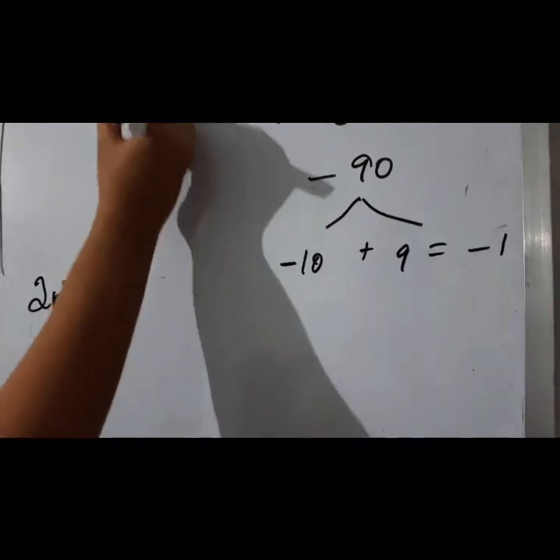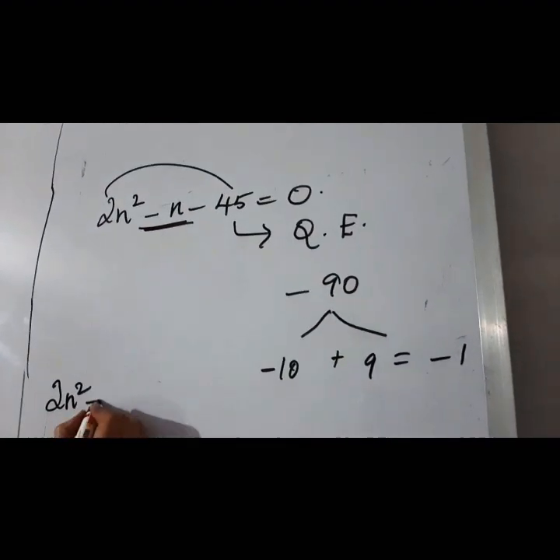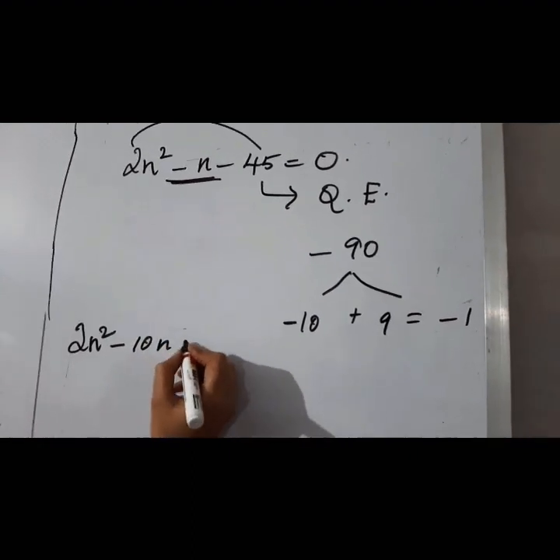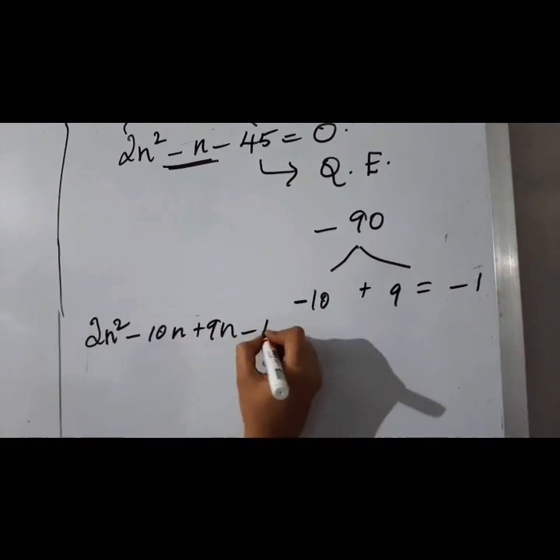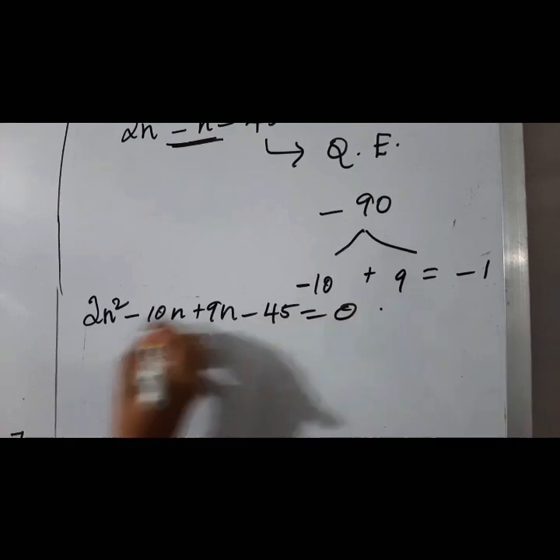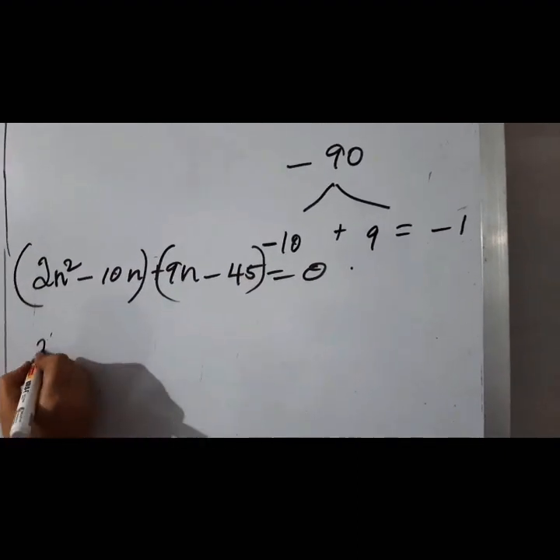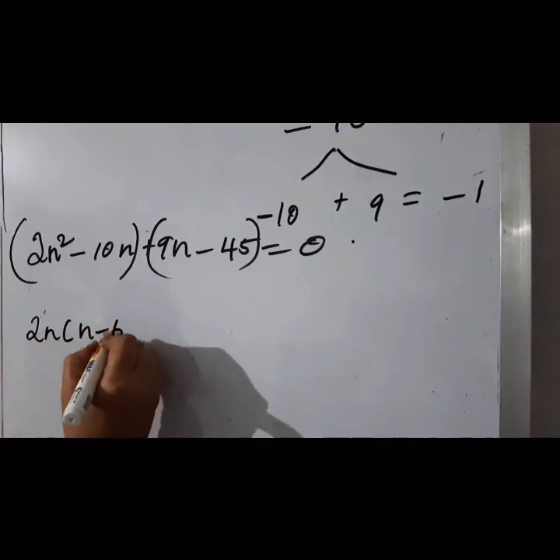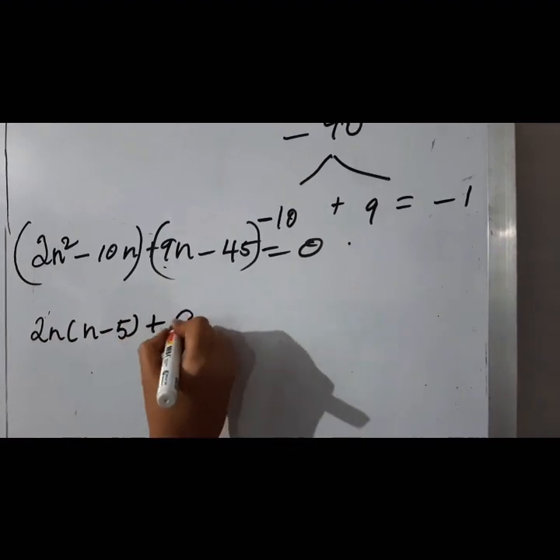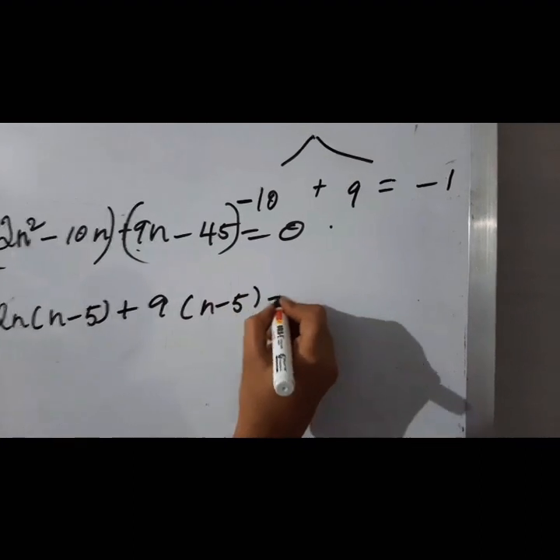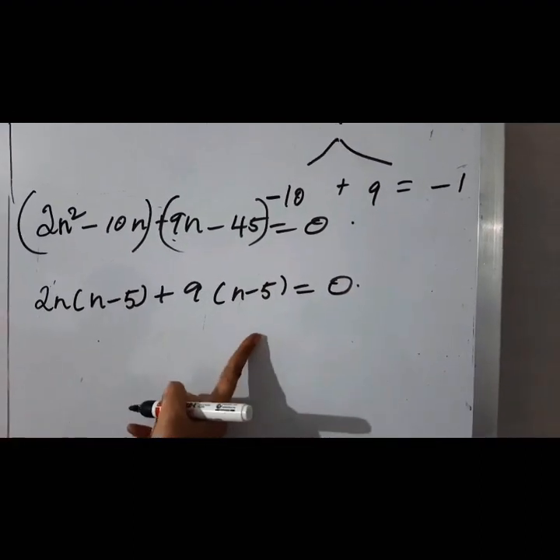Now the second term of this quadratic equation is split as 10n and 9n. After this, what will we do? Group two terms. Take the common terms outside. From 2n we get n minus 5, and here take 9 and we get n minus 5. So how many factors do we have here? 2 factors.